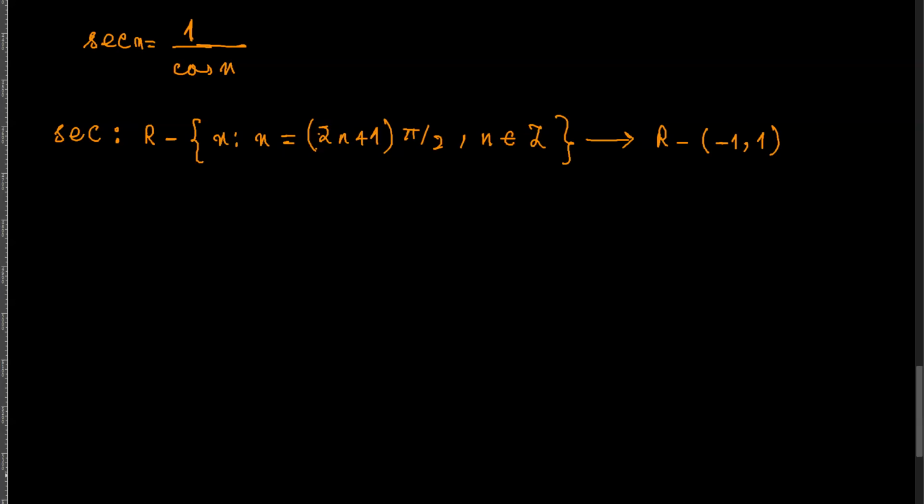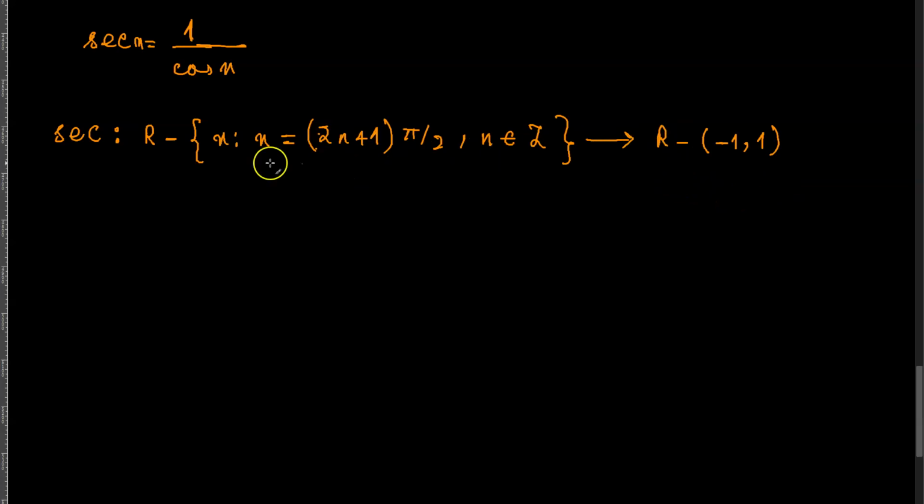So the secant function, we said that cos has to be nonzero, so x is not equal to 2n plus 1 times pi by 2. Okay. Now what we have here is the secant function.